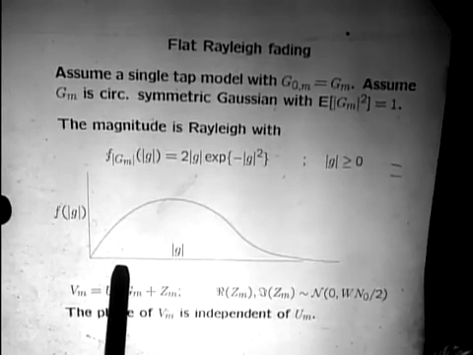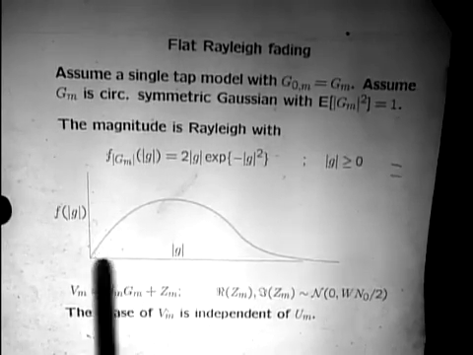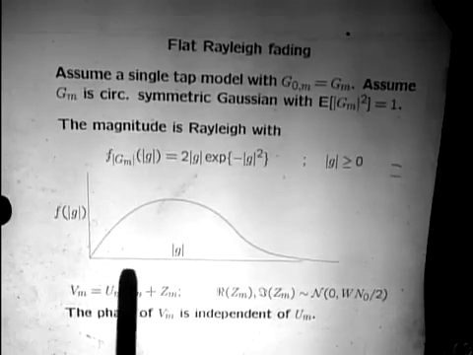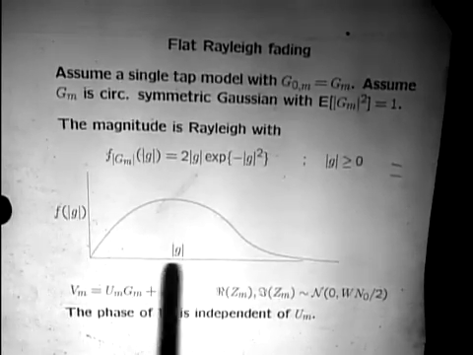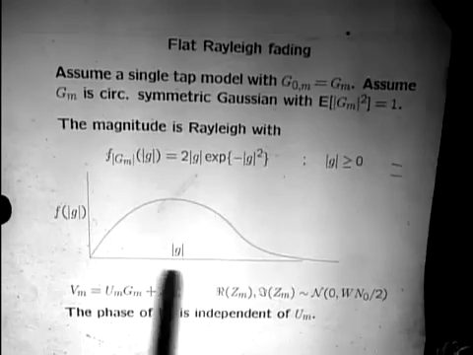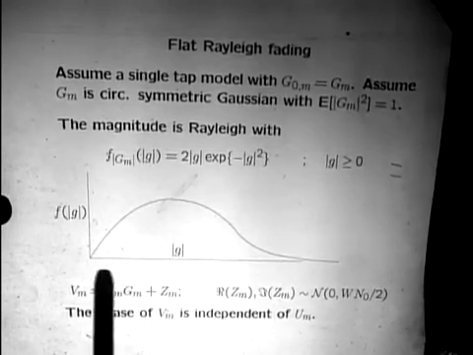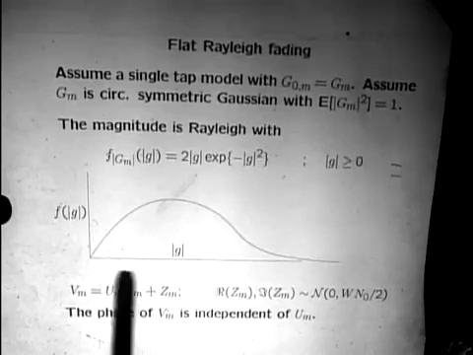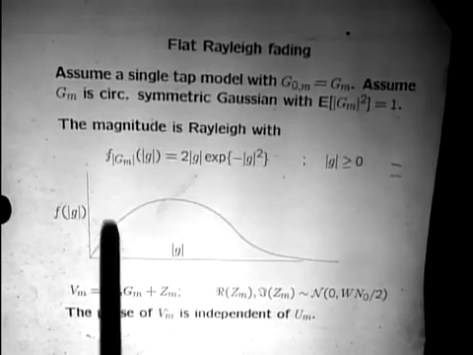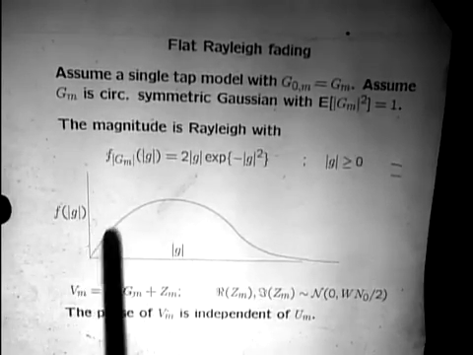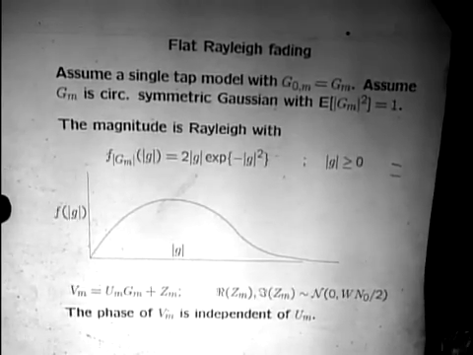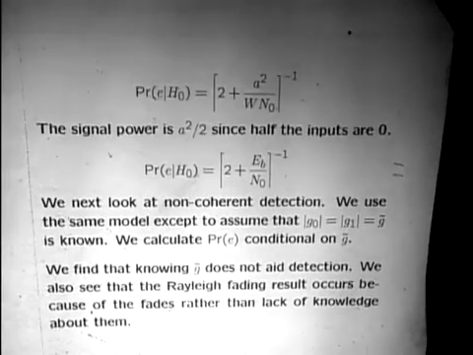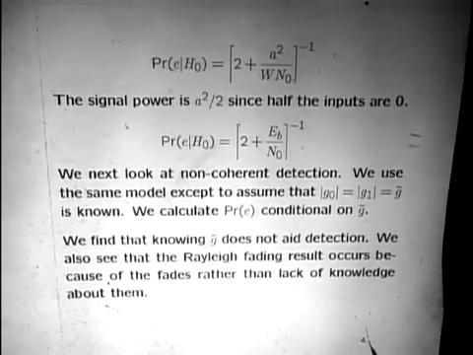Because when you have a bigger a squared, it just moves down the value of g bar that's going to give you trouble. Namely, when you double a, the magnitude of g that gives you trouble just goes down by a factor of 2. When that goes down by a factor of 2, this bad part of the curve just goes down in a quadratic way. Well, that's what this is telling us, okay?